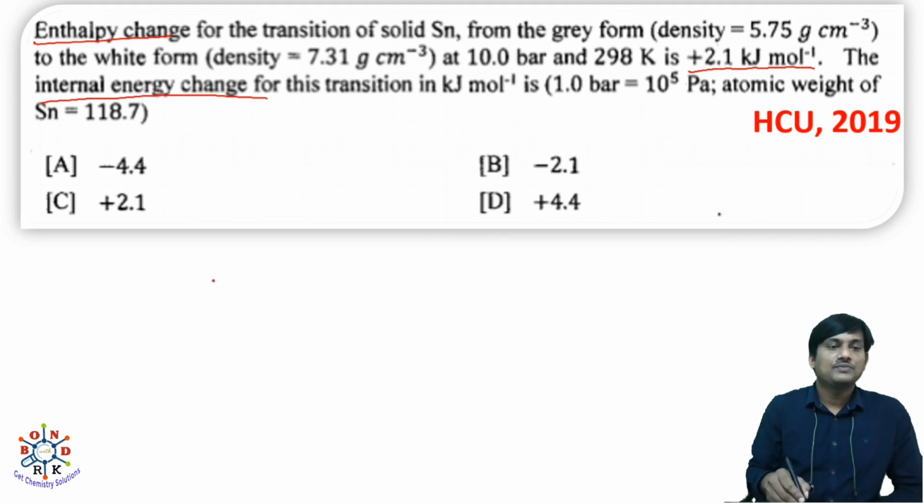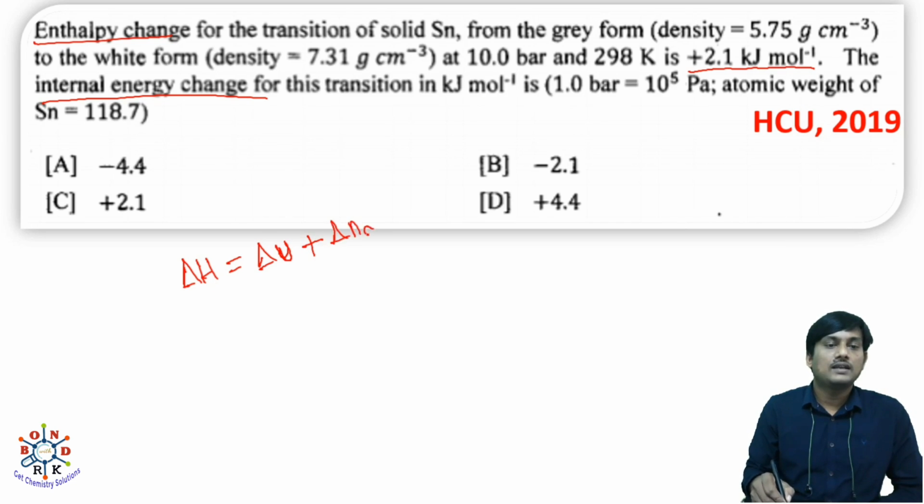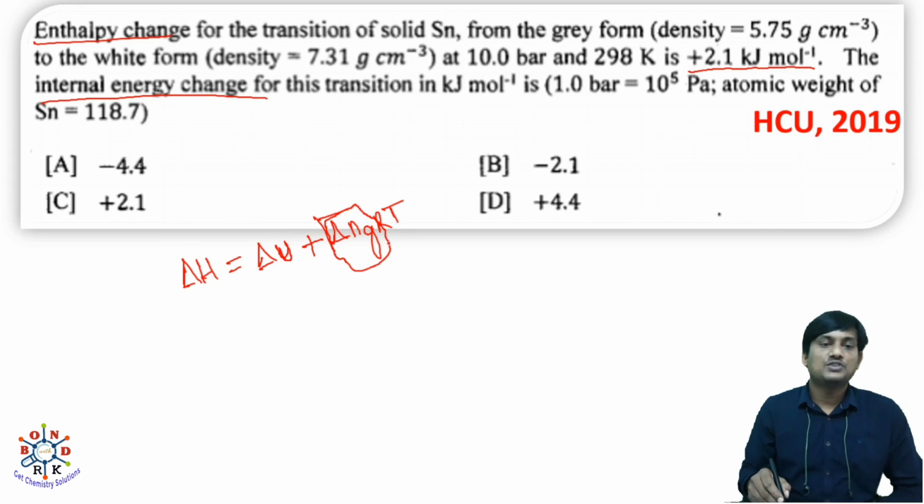We know the relation delta H is equal to delta U, change in enthalpy is equal to change in internal energy plus delta Ng RT. Here delta Ng means the difference in number of gaseous molecules, product side minus reactant side. This is the delta Ng, number of gaseous molecules on product side minus number of gaseous molecules on reactant side.